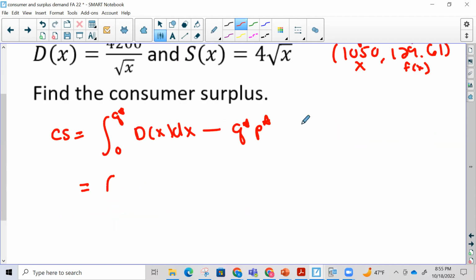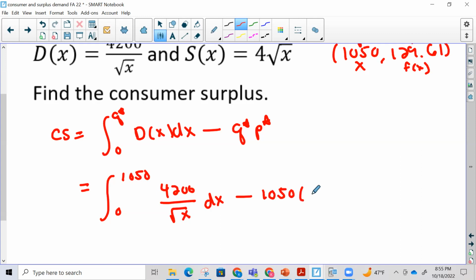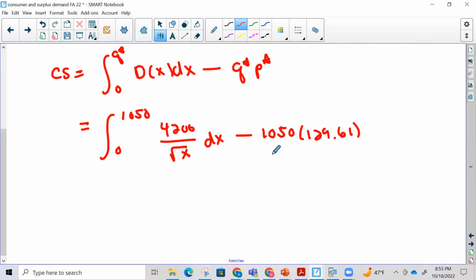So it'd be the integral from 0 to 1050, my Q star, of 4200 over the square root of x, minus Q star P star, so 1050 times 129.61. For this, we're only integrating this part, not this part, so you might want to do it on the side and then put your answer back in.